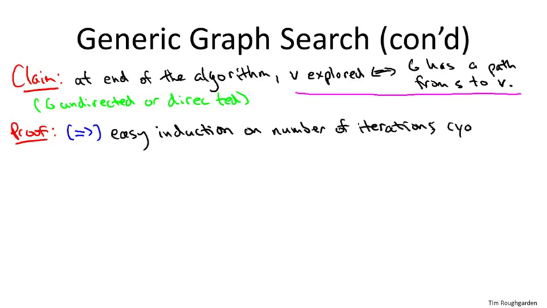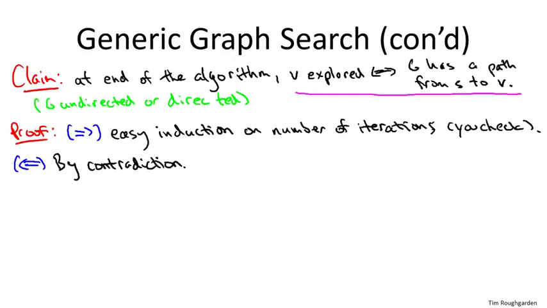So the important direction of this claim is really the opposite. Why is it that no matter how we instantiate this generic graph search procedure, it's impossible for us to miss anything? That's the crucial point. We don't miss anything that we could in principle find via a path. Well, we're going to proceed by contradiction. So what does that mean?